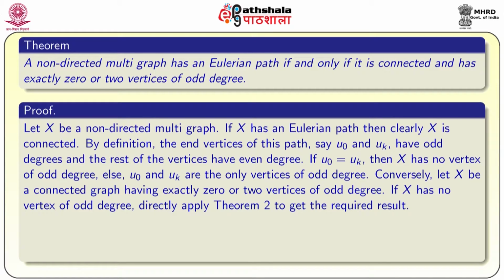Conversely, let X be a connected graph having exactly 0 or 2 vertices of odd degree. If X has no vertex of odd degree, then directly we can apply the previous theorem, and we will get the required result.